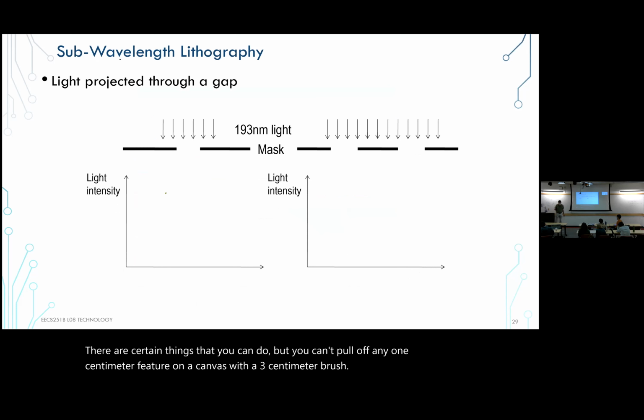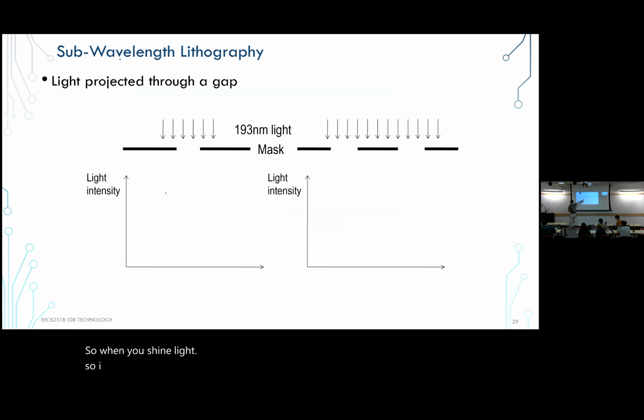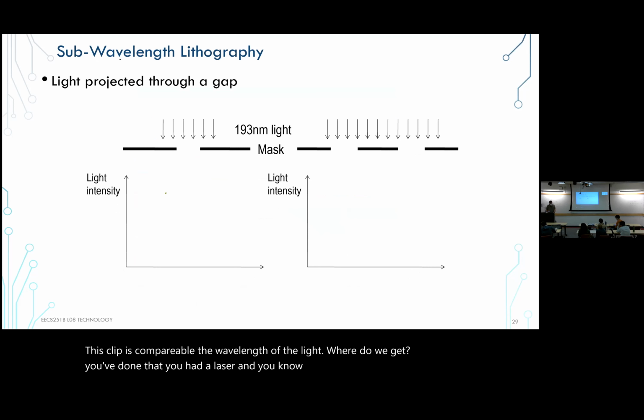And why is that? Remember your high school experiments. When you shine light to a slit, and the slit is comparable to the wavelength of the light, what do you get? You've done that. You had a laser, and you're shining laser light through a pinhole.